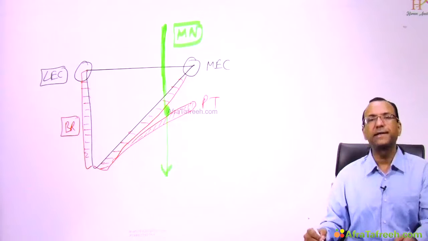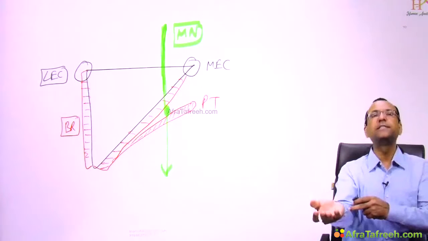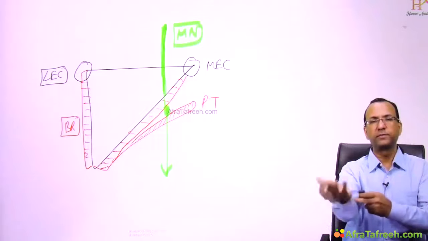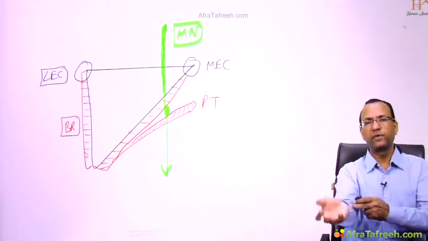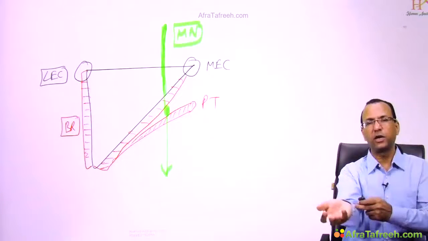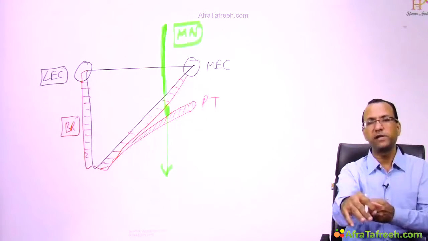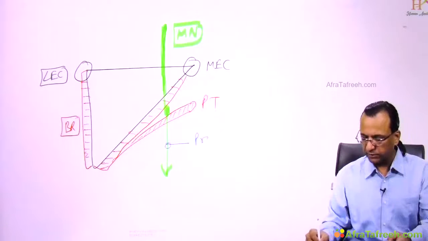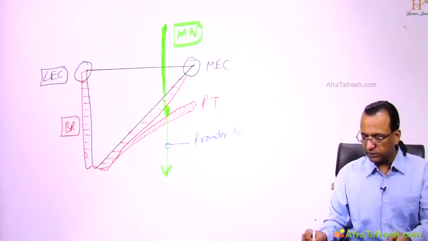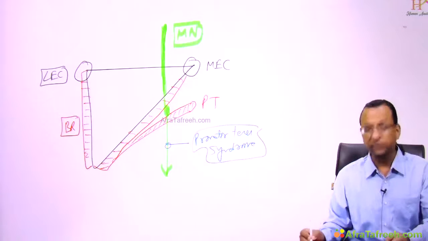So whenever there is pronator teres syndrome, pronation is painful. Why? Because the 2 heads of the pronator teres will compress the median nerve. So in pronator teres syndrome, there is a compression of the median nerve between the 2 heads of the pronator teres muscle.